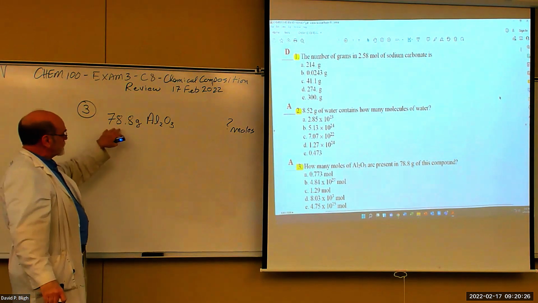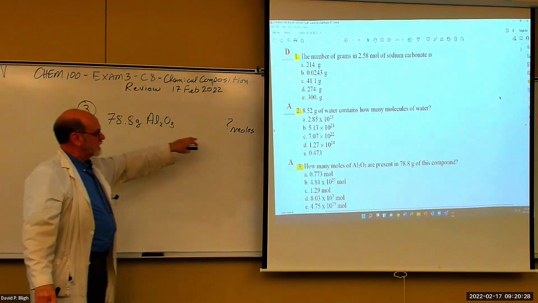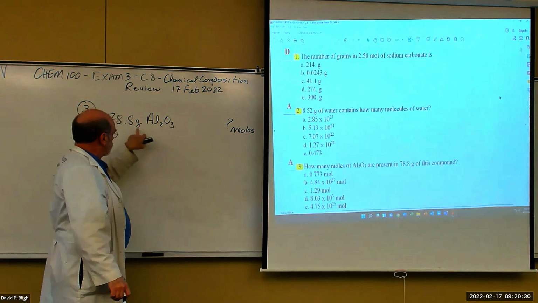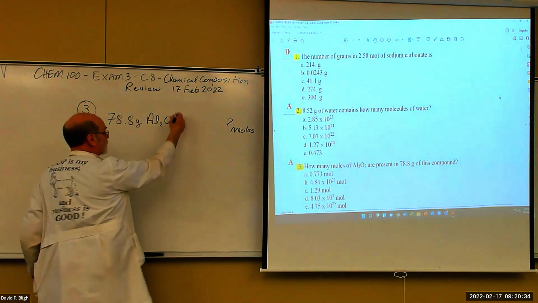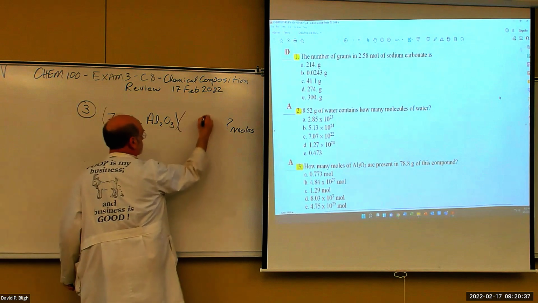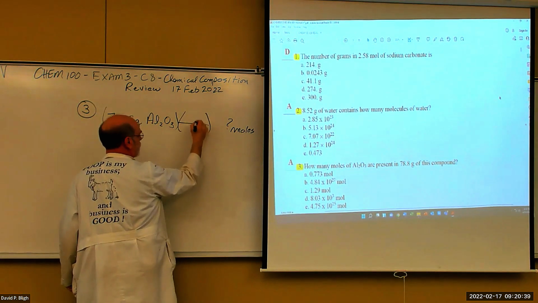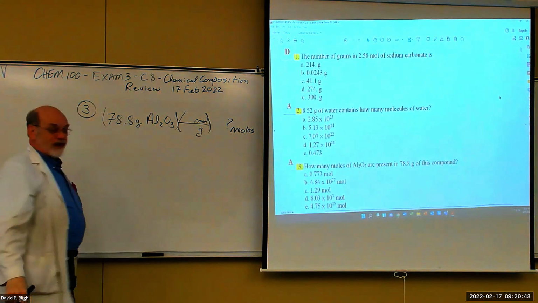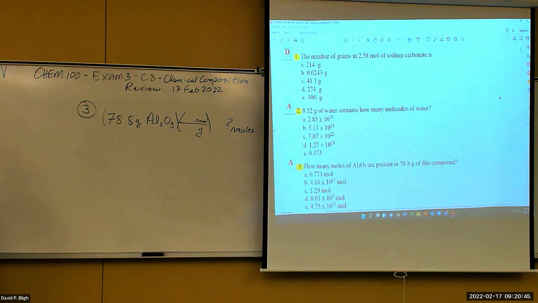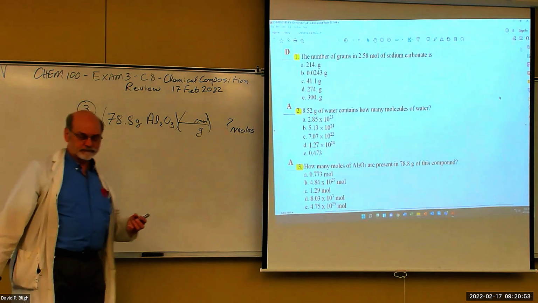Okay, so now we've got this many grams of that compound. We need to go to moles. So if we're going from grams to moles, we do know a relationship that'll do that, and we've already talked about that. Cancel grams, leave you with moles. We just need the molar mass of aluminum oxide. Now, am I calling that by the right name?